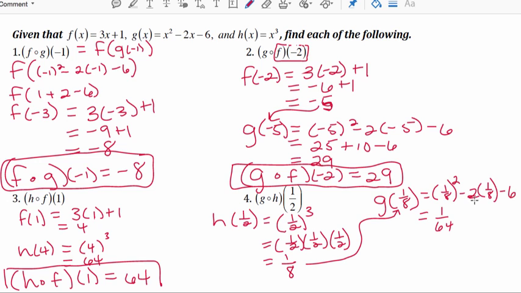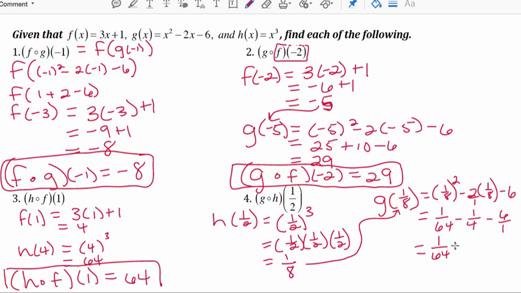And then 2 times 1/8, or negative 2 times 1/8 is negative 2/8. And that is going to reduce to 1/4. And then we have minus 6. And I'll just turn him into a fraction. You can just put everything into a calculator, but I'm going to do this by hand.